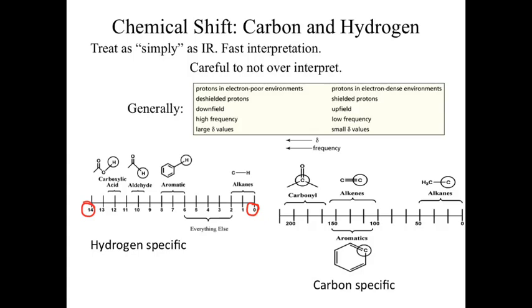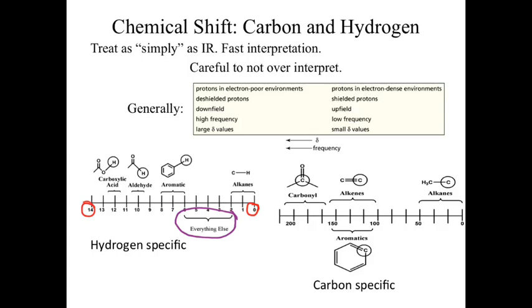Probably the most important distinction to make here is this 2 to 6 range, where I've labeled everything else. When you look in your textbook, they will list a whole bunch of different things that show up in that range. The problem is that everything shows up in that range, so it's not characteristic. It's like trying to read the fingerprint region to evaluate your overall structure. It's just not that helpful to do.